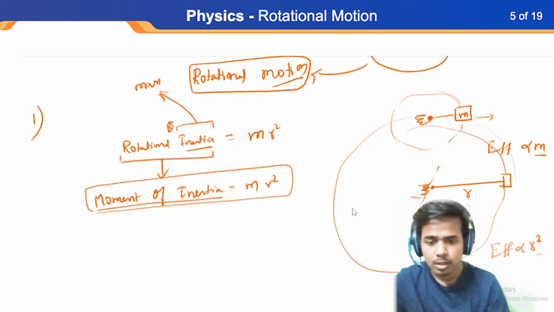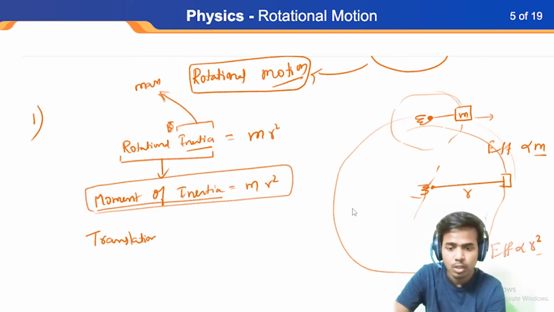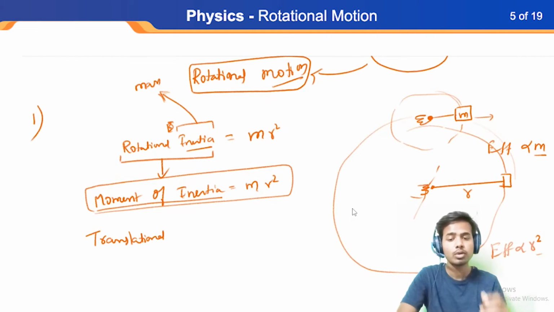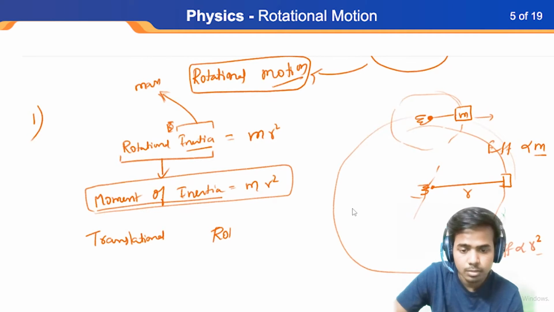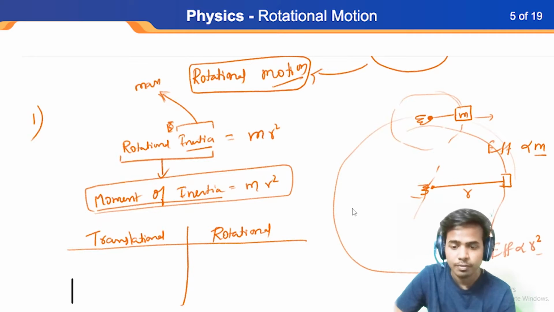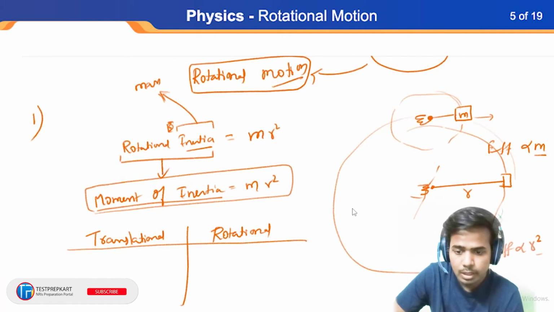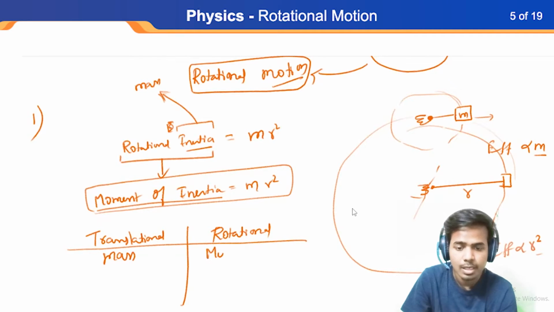Now, the key thing I'm talking about here is that for everything, rotational or translational, let's say this is the translational world, which we were talking about in the previous chapters, and this is the rotational world. I will list the analogous terms. First of all, what we discussed here was that in here mass or inertia was there, and here it is moment of inertia.